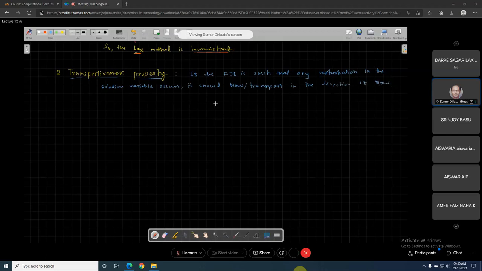Okay, what is meant is, suppose there is a flow, and suppose this is a variable in this flow, this is a u velocity. Now suppose there is a small change in u velocity, that small change should move in this direction only. Suppose this is u1, then if this is growing, u2 should be higher than u1.